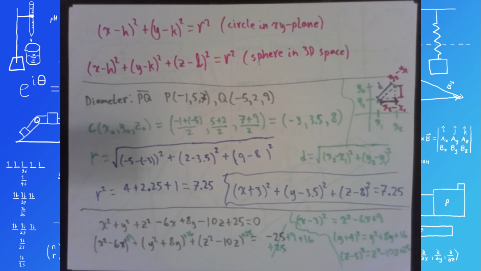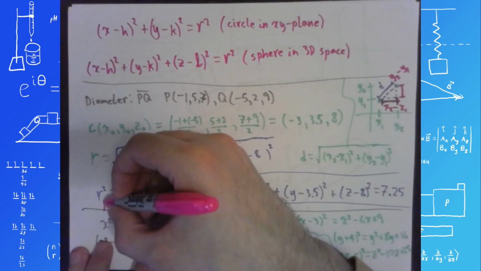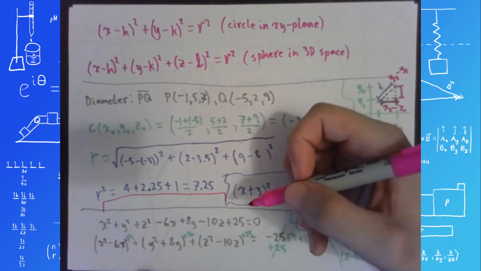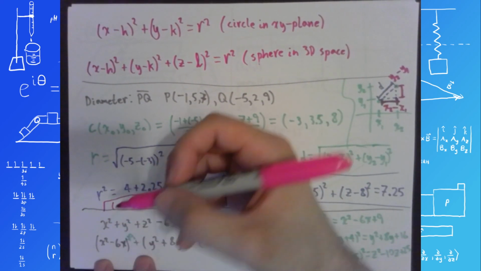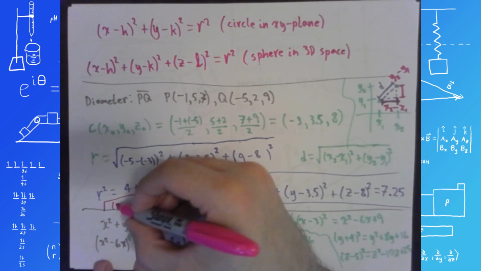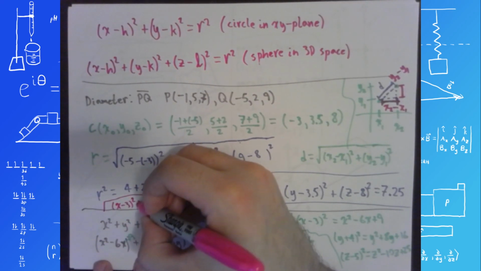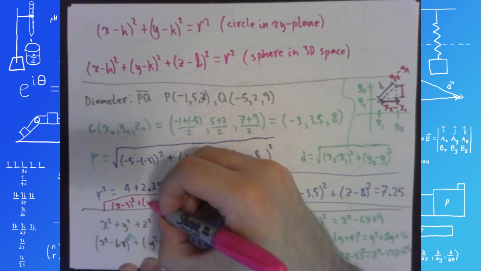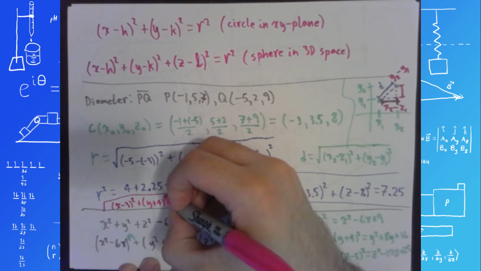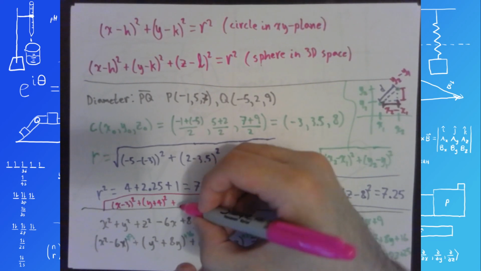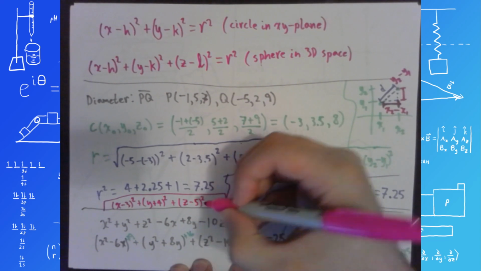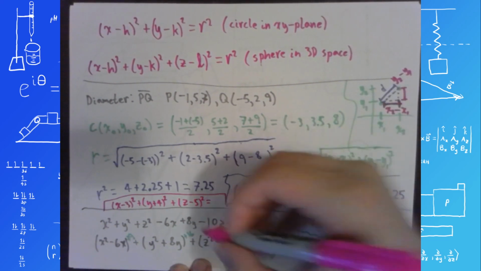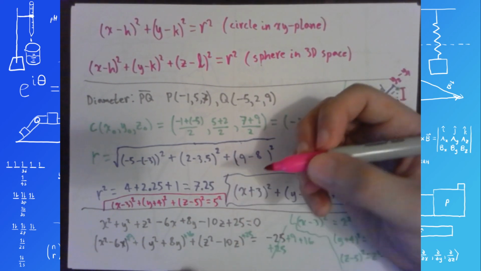So our equation can simplify to x minus 3 squared plus y plus 4 squared plus z minus 5 squared equals 25, or 5 squared if you will.